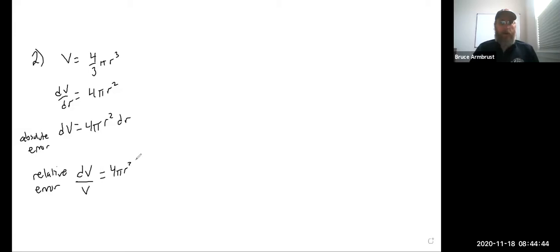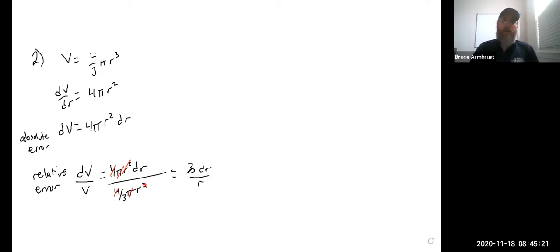So I'm going to go ahead and just do that real quick before I start plugging stuff in, because you're going to notice that lots of stuff cancels. What we're left with is a 3 dr over r. So pretty clearly you see the pi's go away, the 4's go away. With the r's, these two r's cancel with 2 of them on the bottom. And that 3, since it was a fraction on the bottom, that's why it flips up to the top.